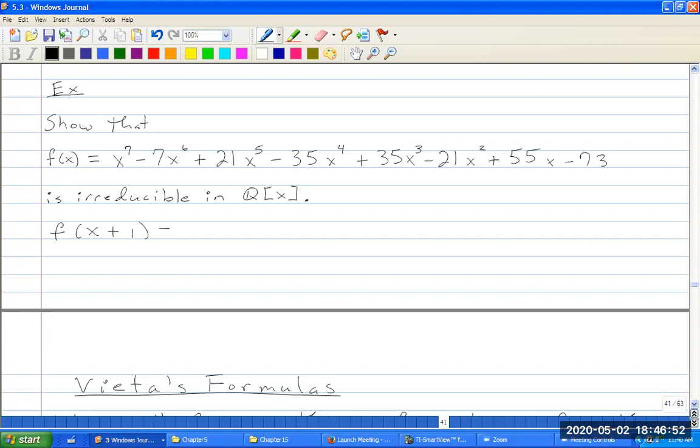So if I do that, this is x plus 1 to the 7 minus 7 x plus 1 to the 6 plus 21 x plus 1 to the 5th minus 35 x plus 1 to the 4th, 35 x plus 1 cubed.